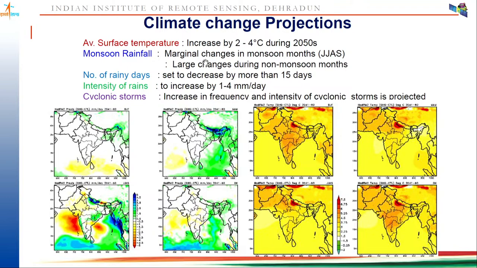But as I said, the number of rainy days, which is very critical, is said to decrease by more than 15 days. An increase in the frequency of dry days during the rainy season may cause substantial reduction in crop sown area as well as crop production.